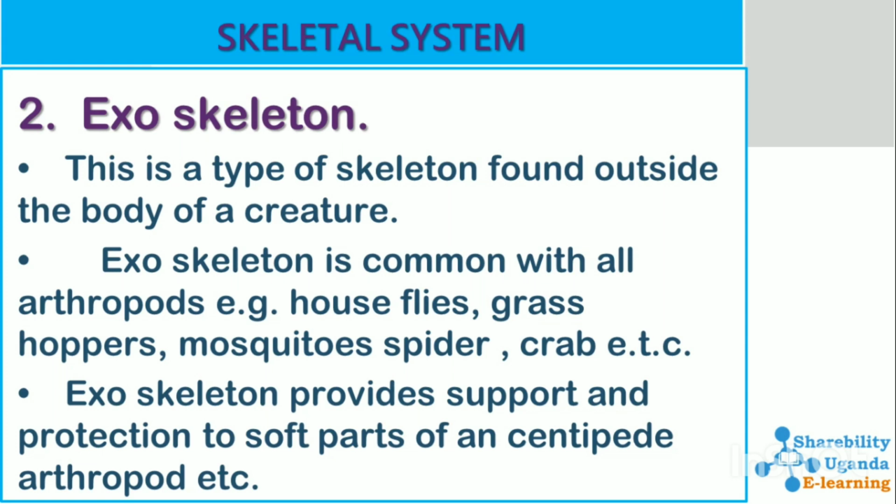Exoskeleton is very common with all arthropods like houseflies, grasshoppers, mosquitoes, spiders, crabs, etc. So when you see a housefly, a grasshopper, or a mosquito around, just look at it critically and understand how an exoskeleton looks like. An exoskeleton provides support and protection to soft parts of the organism.